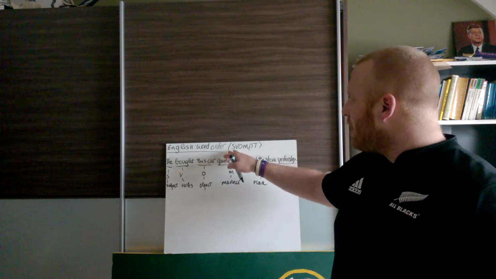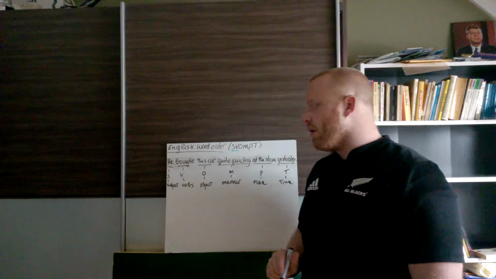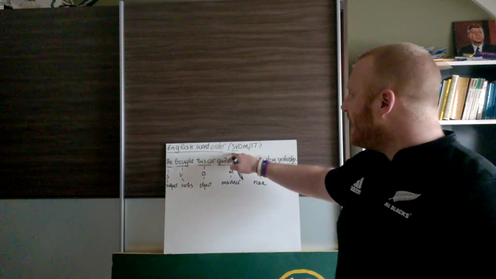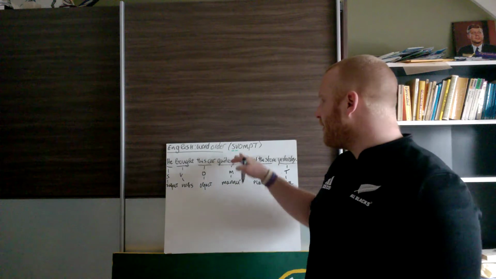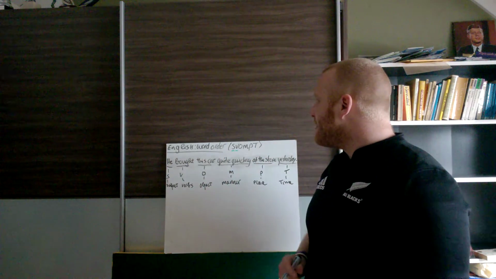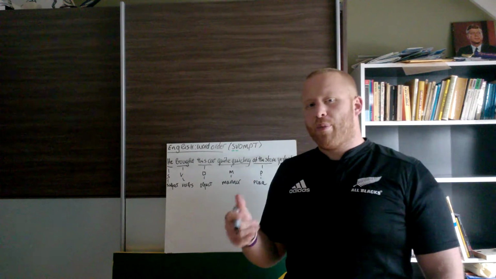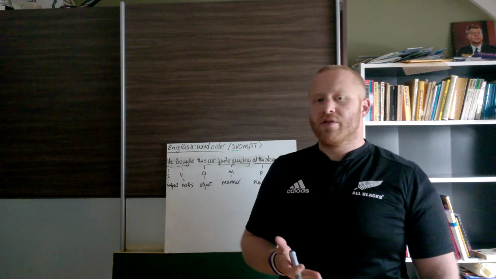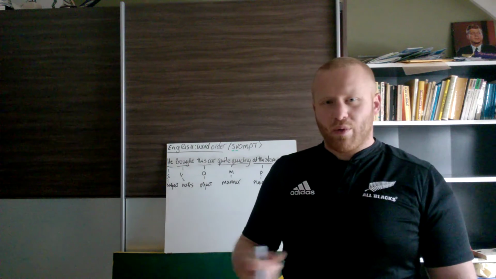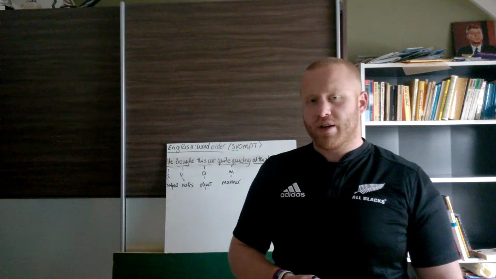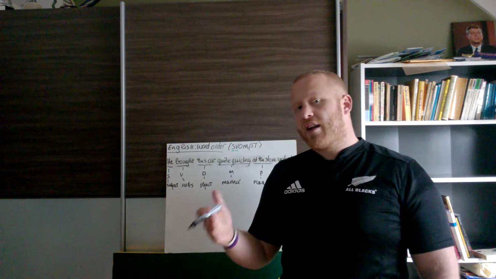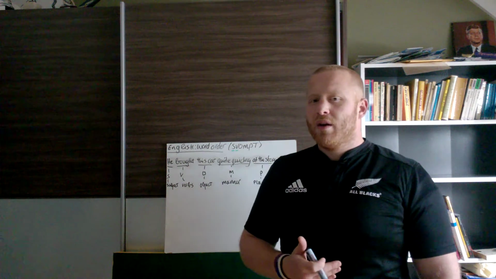And what I've also done in the abbreviation SVOMPT, I've underlined the S and the V green. I'm not sure if you can see it, but this is green, which means that every English sentence needs to have at least a subject and a verb if it's a full correct sentence. So you cannot just say I, which is just a subject, or he, which is just a subject, but you're going to have to add at least a verb in order for it to make some sort of sense.